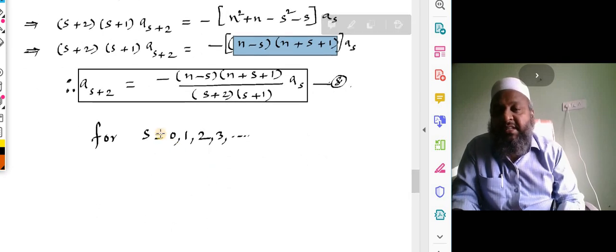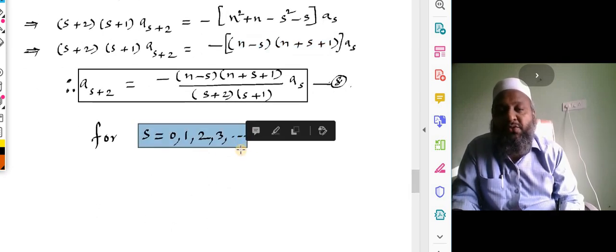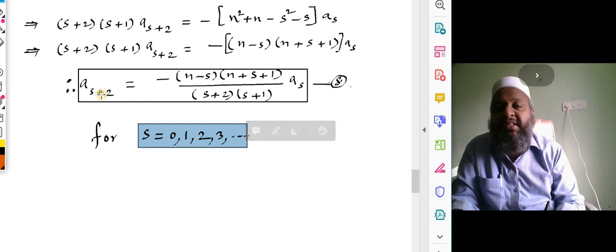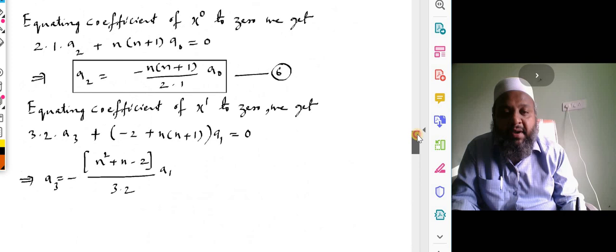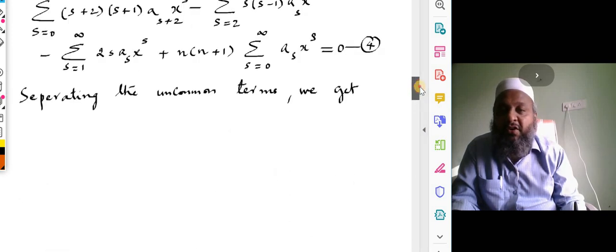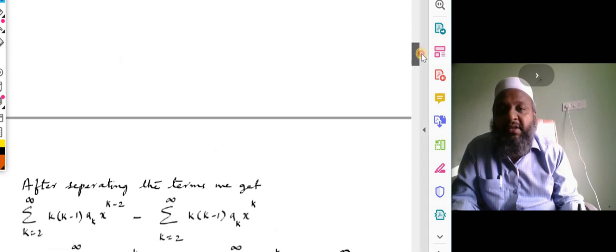So substituting s is equal to 0, 1, 2, 3 and so on, we will get the relation between the various coefficients. So substitute s is equal to 0 here, then we will be getting minus of n into n plus 1 by 2 into 1, that is 2, which is already matching with a2 which we got.